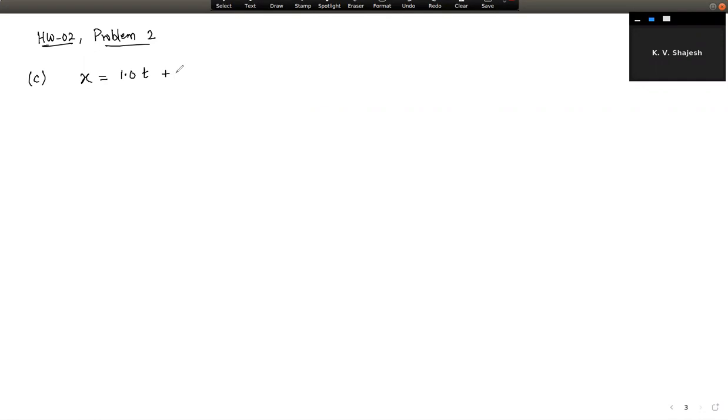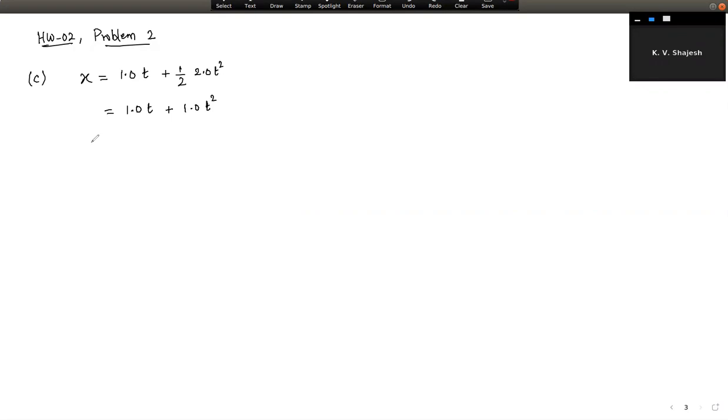So that's plus half times 2.0 t squared, which is 1.0 t plus, this is 1.0 again, t square. That's a function, a position as a function of time.